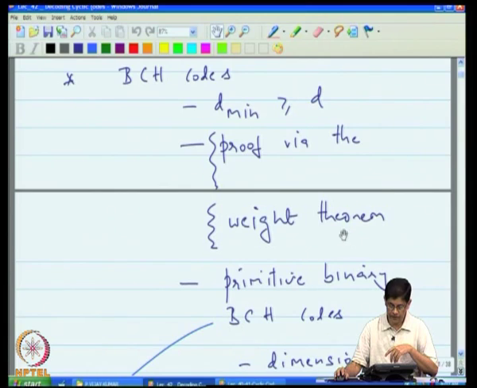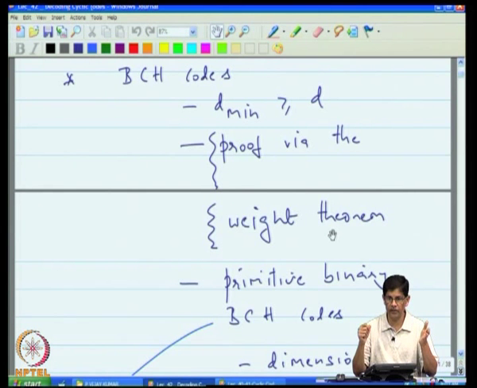And the proof is via a theorem which we call the weight theorem, which said that if you have a vector with Hamming weight W in the time domain, then that translates in the frequency domain to a linear recursion relationship amongst the transform coefficients, where the degree of the linear recursion is equal to the Hamming weight.